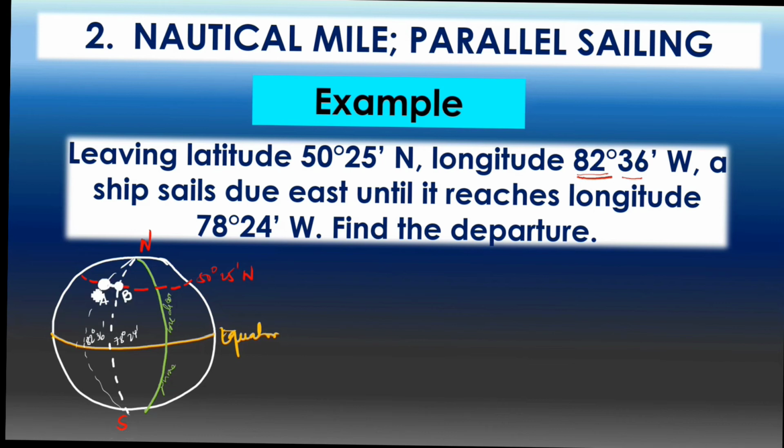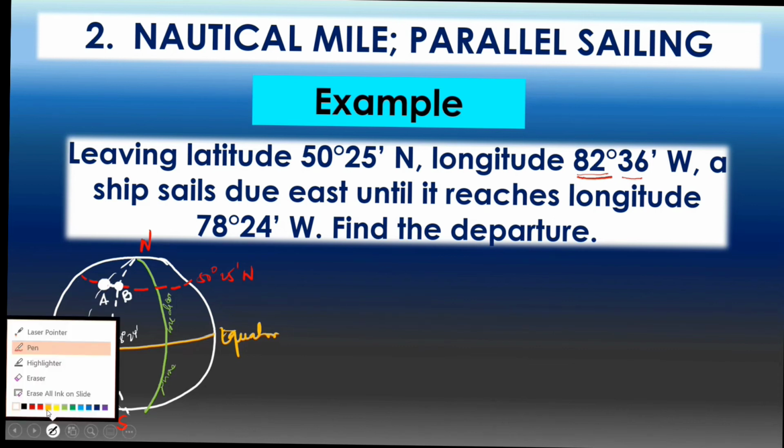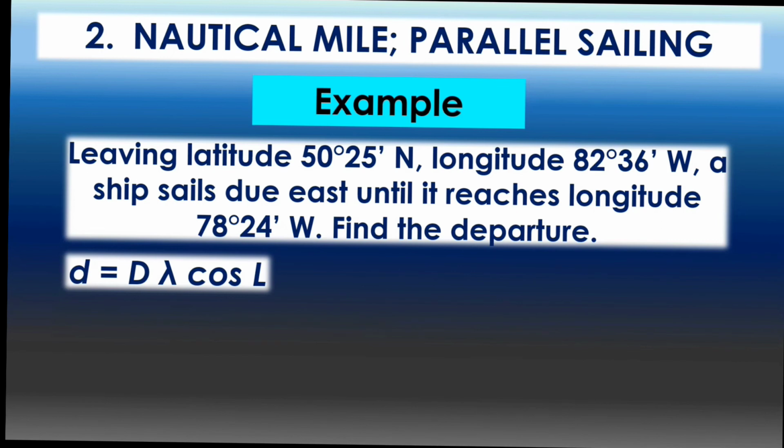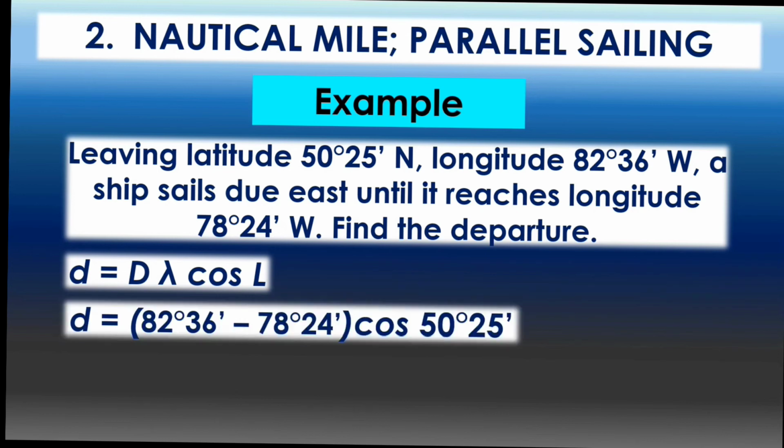Now, if you try to notice, this is actually parallel sailing. Why is it parallel sailing? Because in our drawing, you can see that both do have the same latitudes. They only differ in the longitude. That is the reason why we can use the formula for the departure. D equals the difference in longitude times cosine of the latitude.